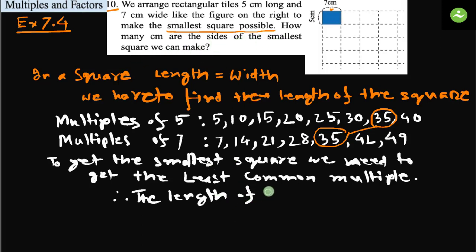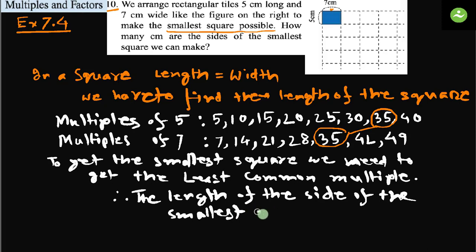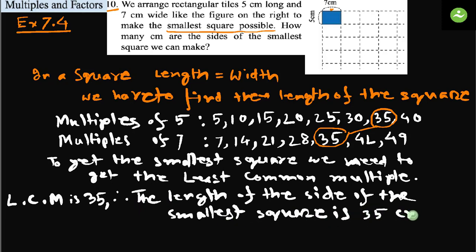The length of the side of the smallest square is, since we know the least common multiple is 35, we have to say this LCM is 35. Therefore, the length of the side of the smallest square is 35 centimeter.